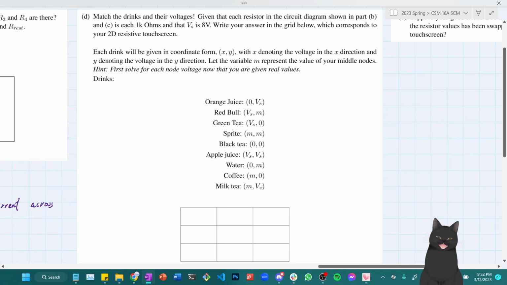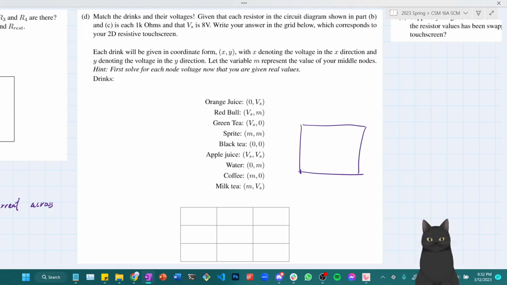Now, let us remember that the original intention of this problem is to build a drink dispenser, where you might have this grid-like resistor touchscreen that could look like a button with 9 options, or a panel of 9 buttons.